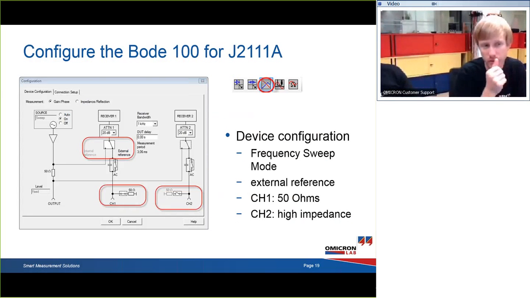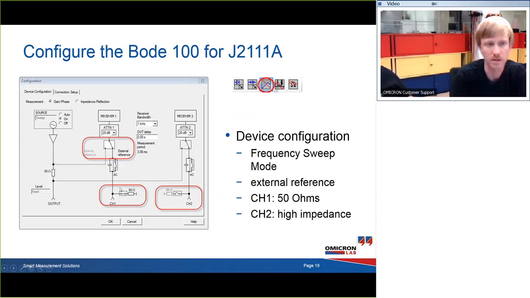If you want to measure the output impedance with the Bode 100 in this setup, then the first thing you need to do is activate the external reference, such that receiver 1 is really connected to the channel 1 connector at the Bode 100 front end. And then we terminate channel 1 with 50 ohms by clicking on this little switch.